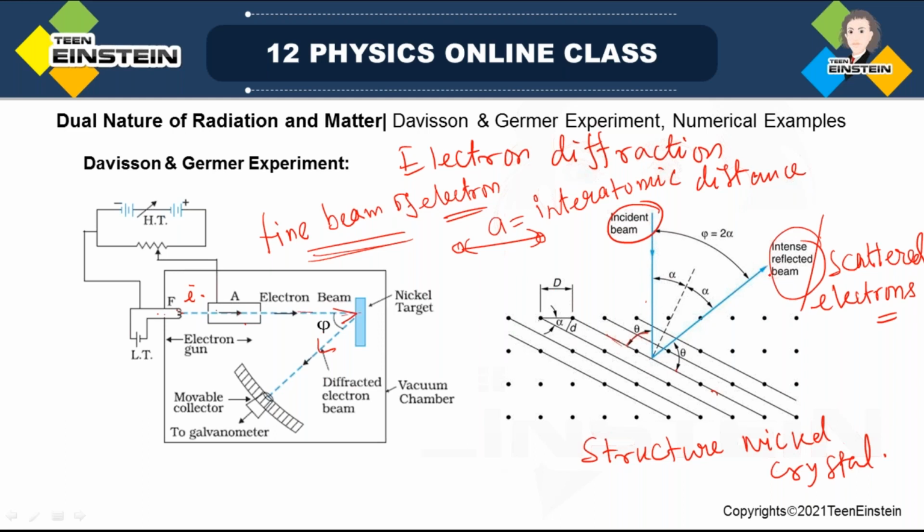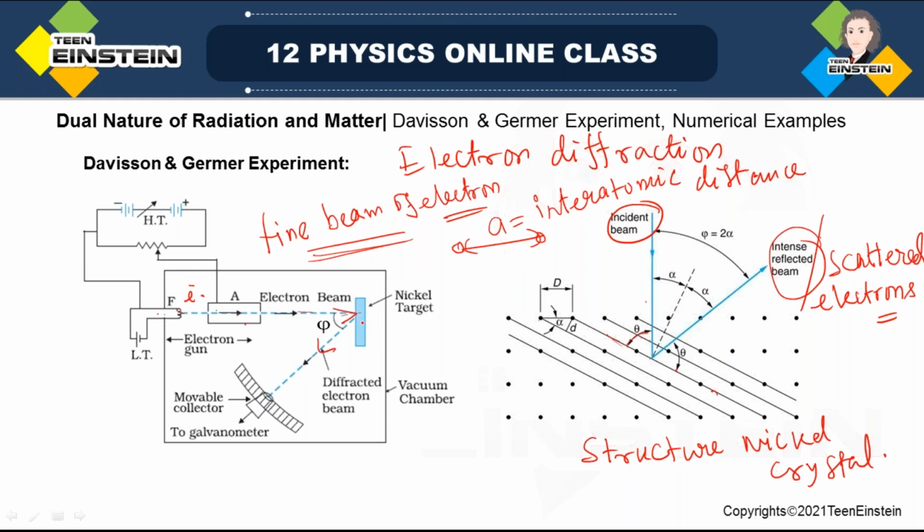This scattering is itself called diffraction by the crystal. The nickel crystal has been used as a diffraction grating; the planes in it act as a diffraction grating. Whatever electron comes will be scattered not by only one plane, but by various planes of this crystal.